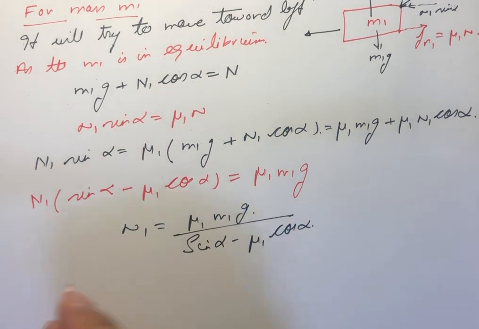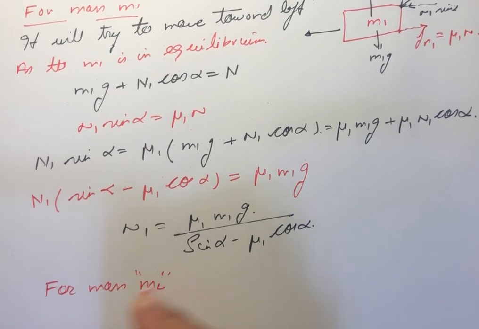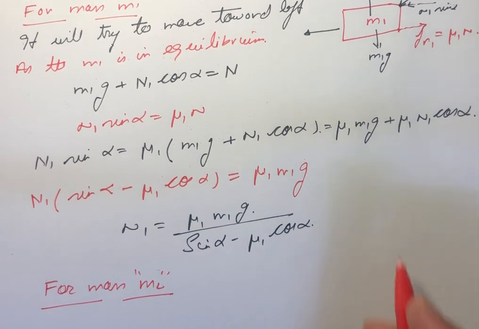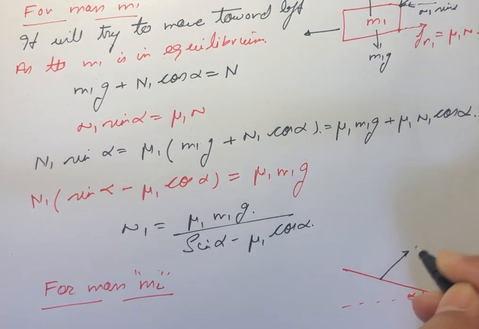Similarly, we can write for mass m2. For mass m2, so this is a rod. It is making an angle of alpha, and there is a normal which will be acting in this direction, that is our n1.